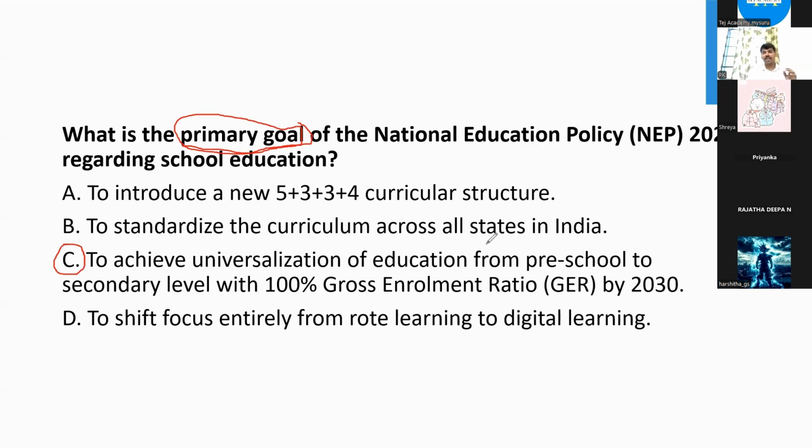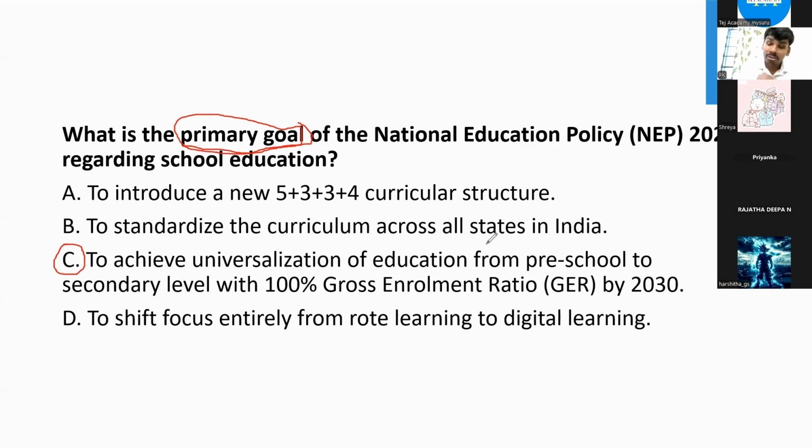See, whenever a national education policy document comes, technically what they do is they set goals. They give major recommendations and they set goals. And the goals are to be achieved in a particular period of time. As I was saying when I discussed NEP 2020 with all of you, they are expecting to achieve all their goals by the year 2030, which is the primary goal of the whole policy document.